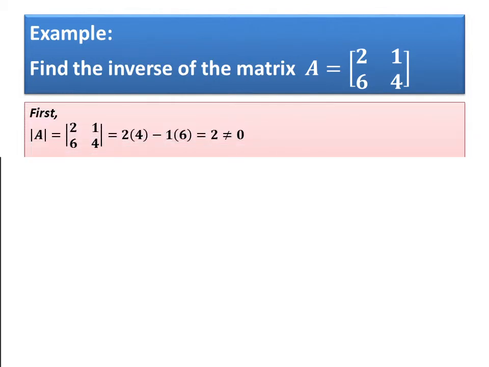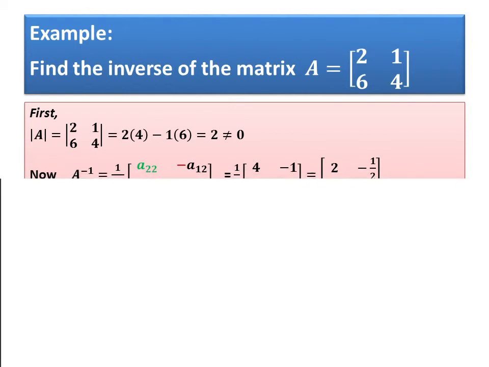So we need to get the determinant of matrix A, which is determinant of 2, 1, 6, 4. Again, we expand this determinant, multiplying the diagonal elements 2 by 4, subtracting from this product the product of 1 and 6. So this is equal to 8 minus 6, which is 2, which is not 0.